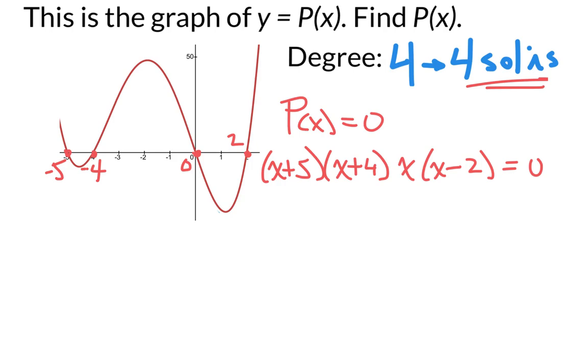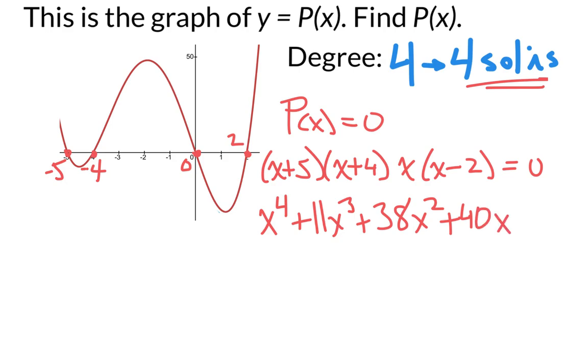Now, I'll let you take the time to multiply this out. It'd be a good idea to pause the video, grab a piece of scratch paper, and practice multiplying this out. But when you're finished, what you should get is x to the 4th plus 11x to the 3rd plus 38x squared plus 40x equals 0.